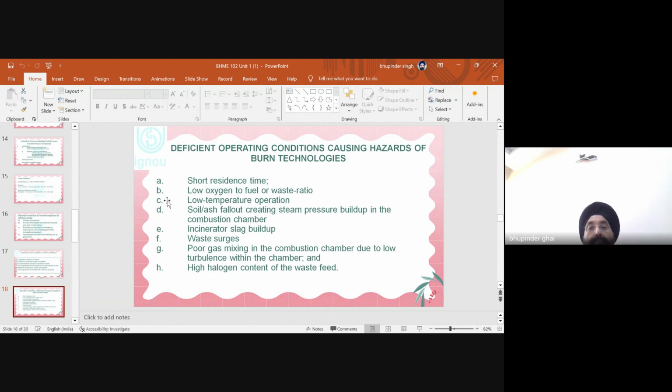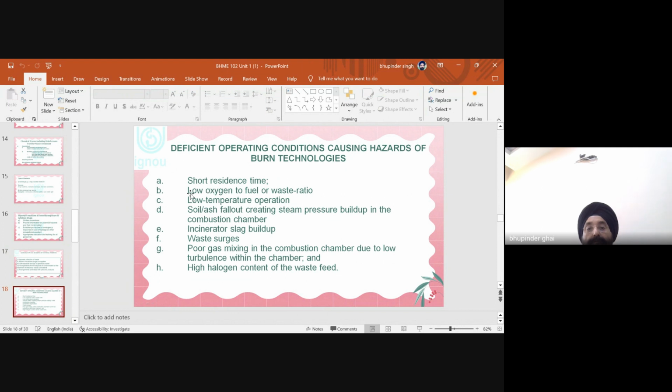Second, if there is low oxygen, the fuel which goes inside the incinerator is mixed with oxygen. But if due to some reason there is low oxygen mixed with the fuel, then there will be improper burning inside the incinerator. If there is improper burning, there will be more production of toxic gases which will be released in the atmosphere.